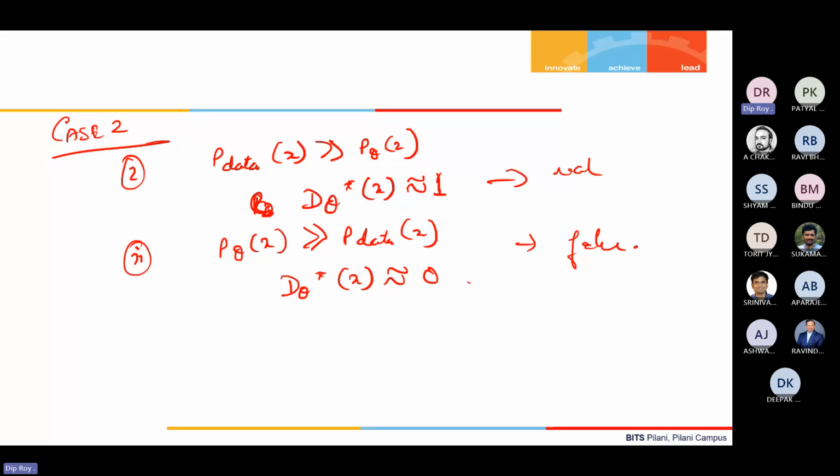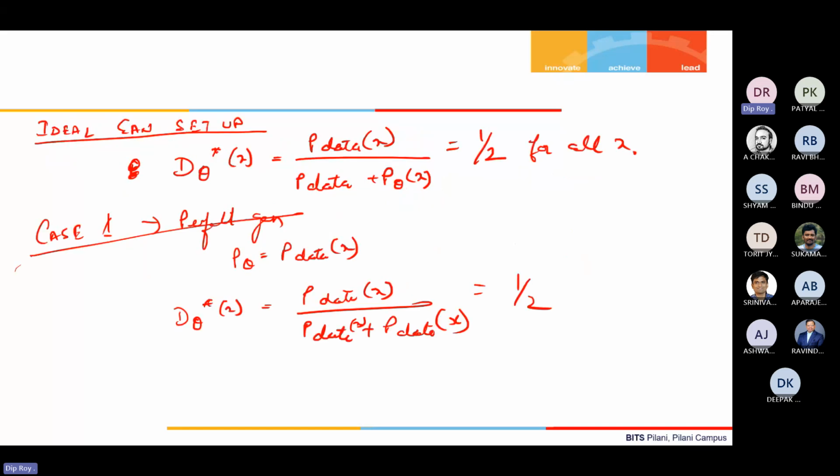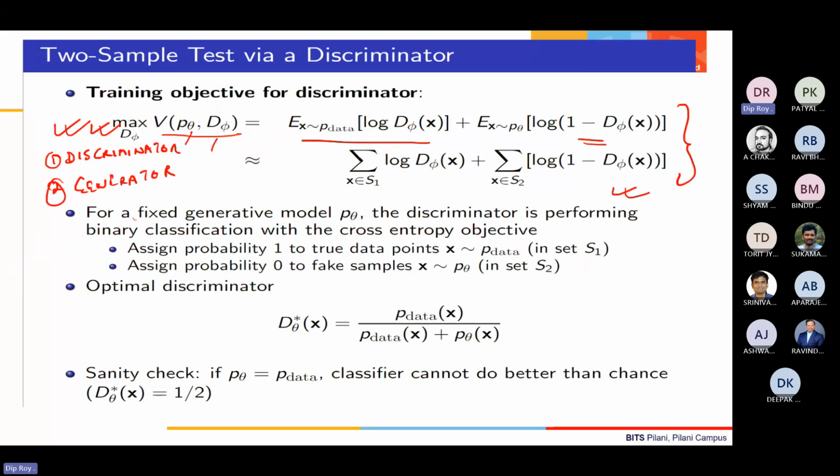So this is what is happening. And if I go back to this particular slide, if you see, the optimal discriminator is this. Okay. And we have already done the sanity check, that it cannot do better than chance.